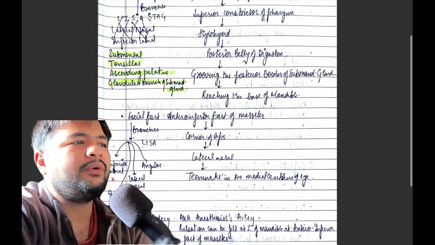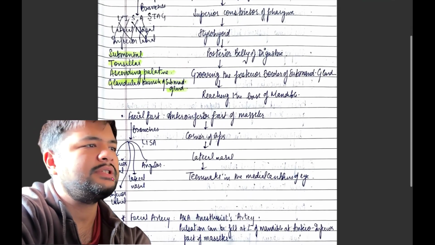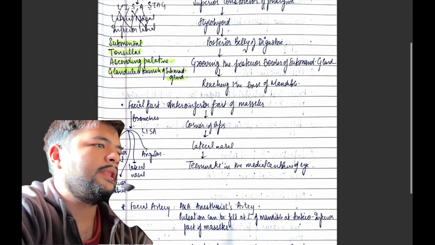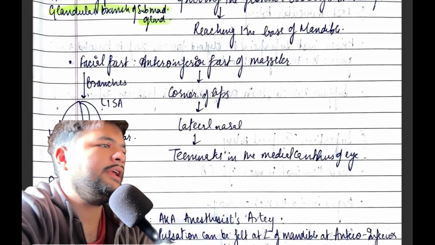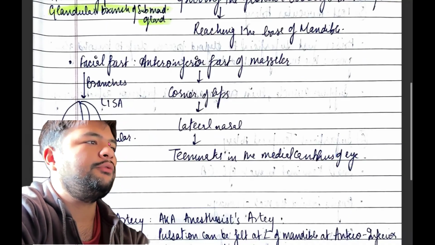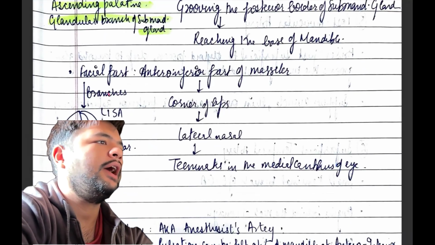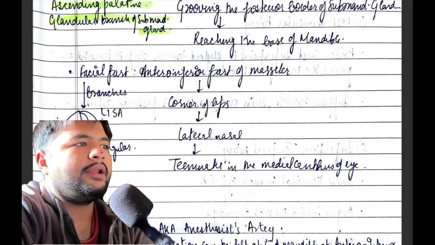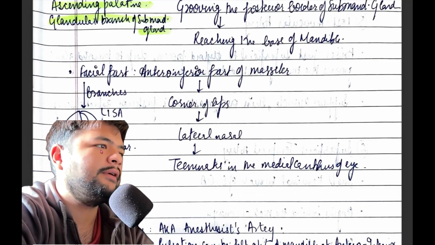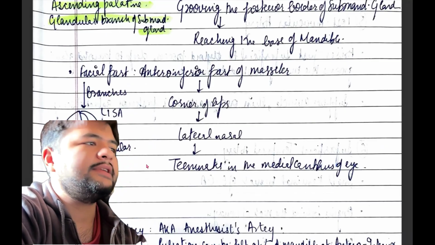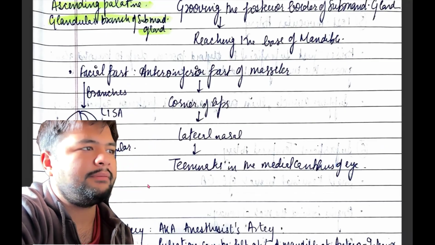I had a friend whose name was Lisa. She was very much interested in doing facials and going to beauty parlors. So from her, I named this facial part of the facial artery as LISA: lateral nasal, inferior labial, superior labial, and angular.